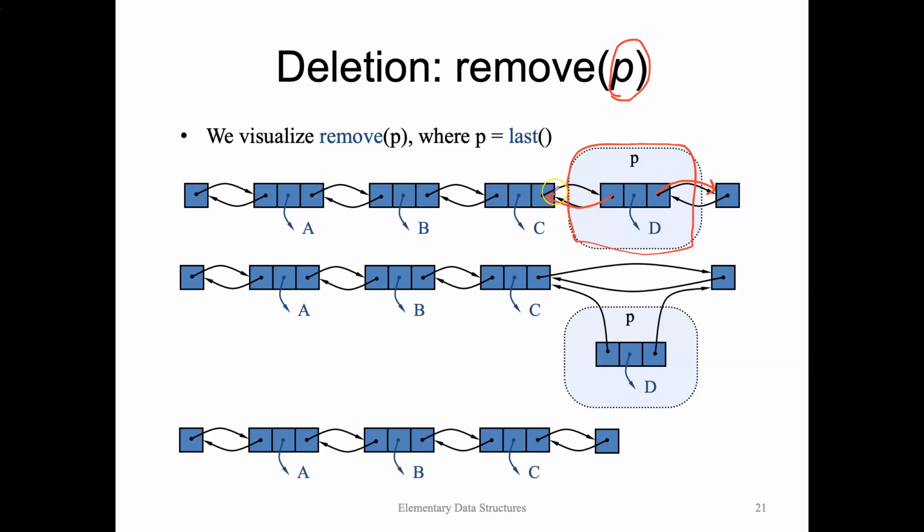For removing this, we'll set the next pointer for the item that came before it to be whatever node had come after our position P. And for the one that came after it, we'll set its previous pointer to be whatever had come before that position P. That way we're effectively removing this entire position P. There are no other references to it.